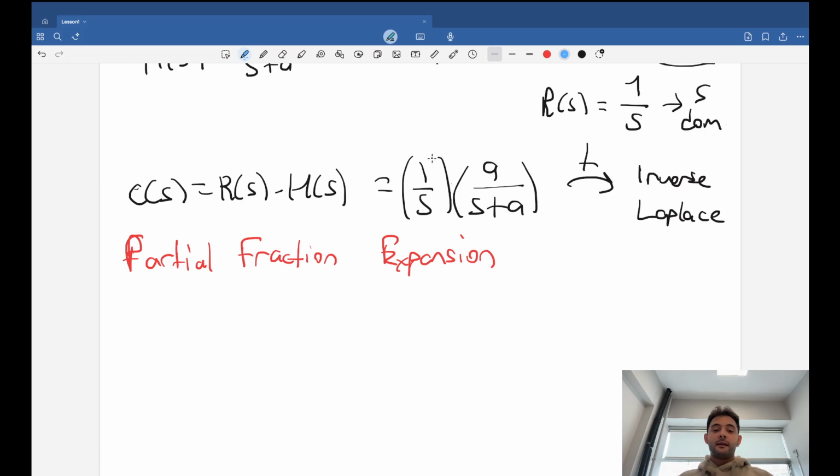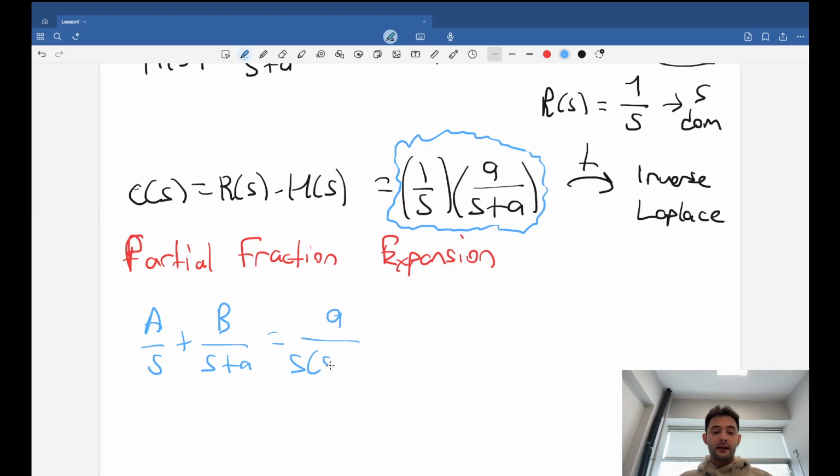I encircle this equation with the blue marker and continue below. Let's say A over s plus B over s plus a equals our C(s), which was a over s times s plus a. Let's equate the denominators so that in the numerator we have the same coefficients.